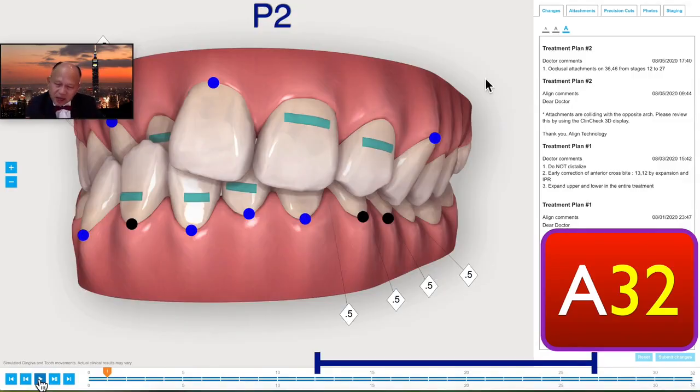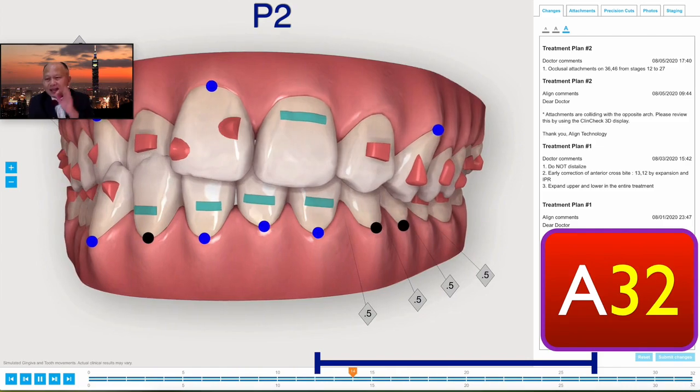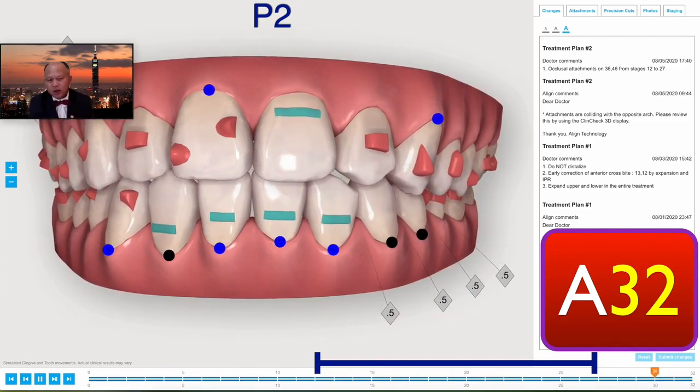And when you look at this up front, I want you to identify that specific period in which we correct the anterior crossbite. Because that is the period we need to raise the bite in order to correct the anterior crossbite.